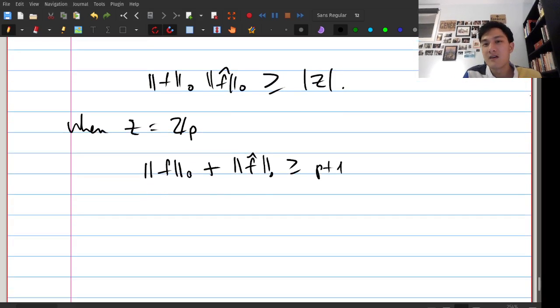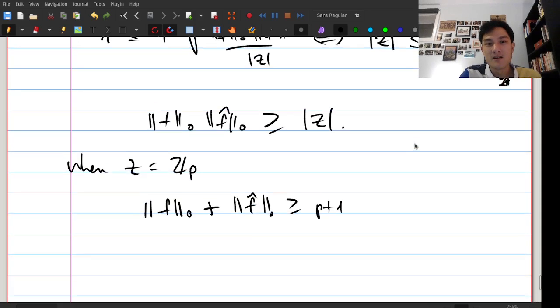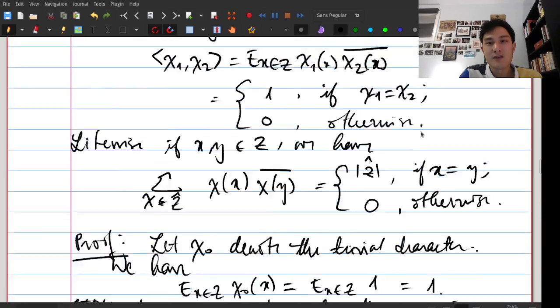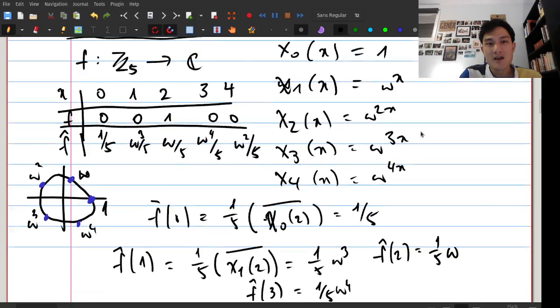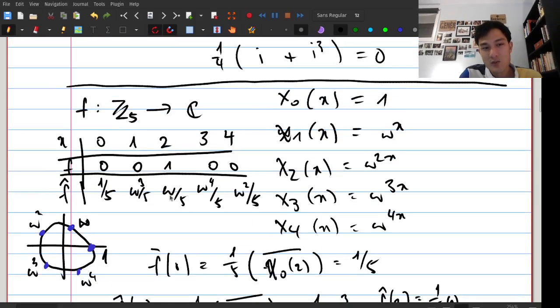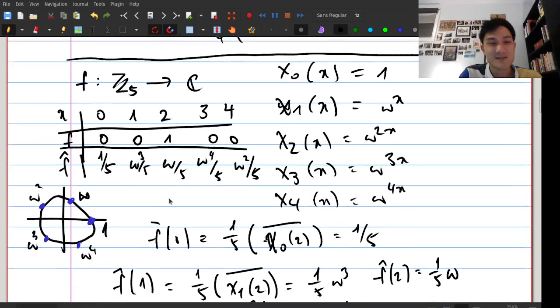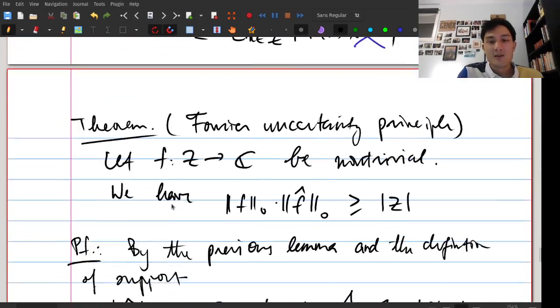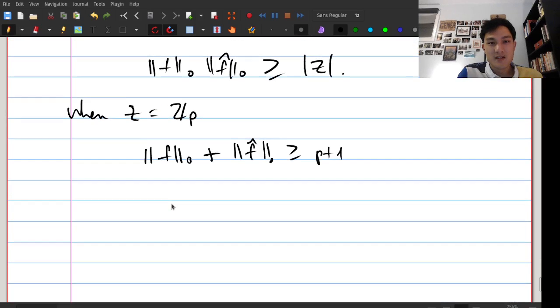And remember, in our example way back when, for Z3 and Z5, we got like 3 times 1 and then 5 times 1. So for Z5, this is 1 and this is 5. So it's actually meeting both bounds, because 5 times 1 is 5, but 5 plus 1 is 5 plus 1. Sometimes I say the weirdest things, but you know what I was trying to mean there.